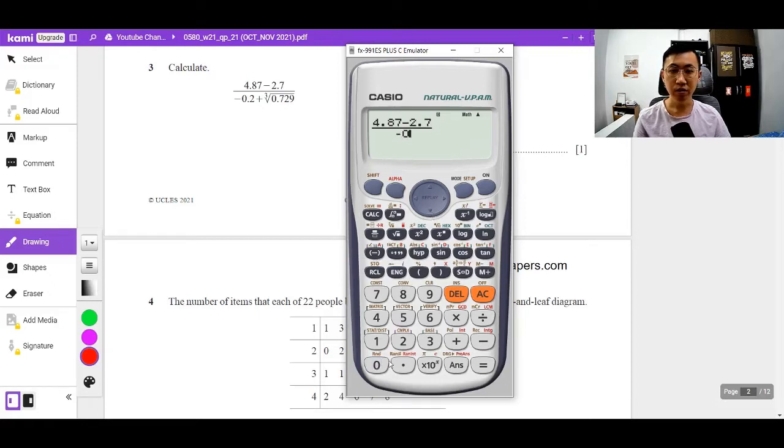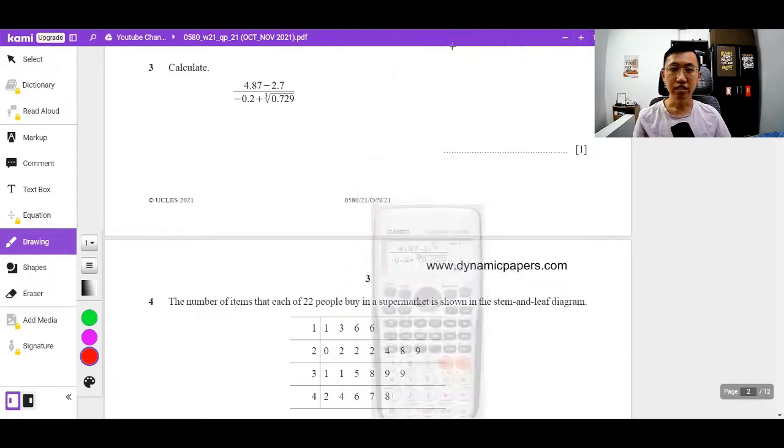Negative 0.2 plus. Okay, for cube root, you need to press shift followed by this. And then fill up 0.729. Once you are done checking exactly the same, press equal followed by this button S to D. 3.1.